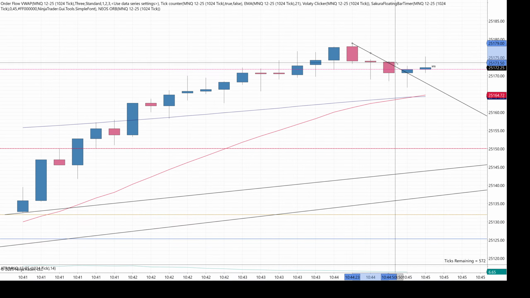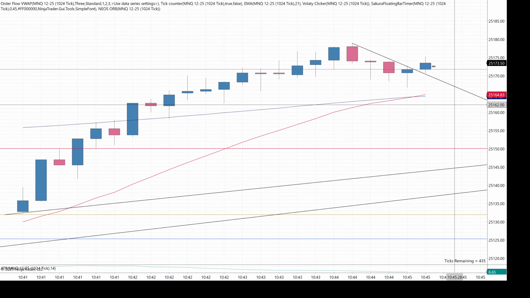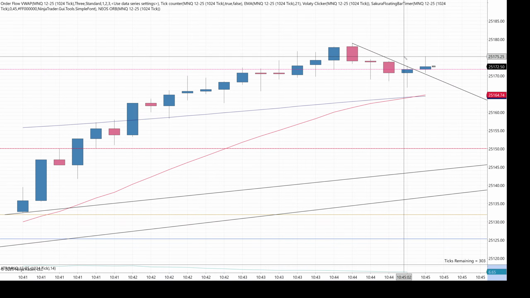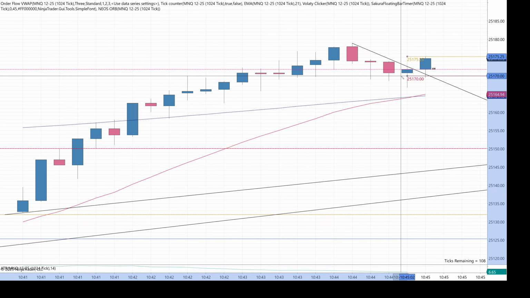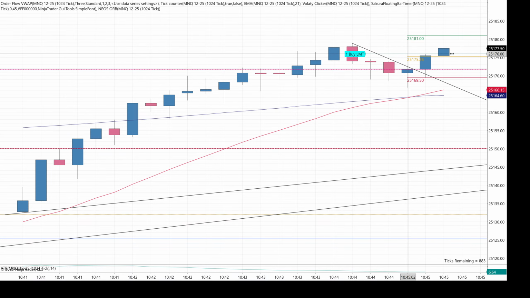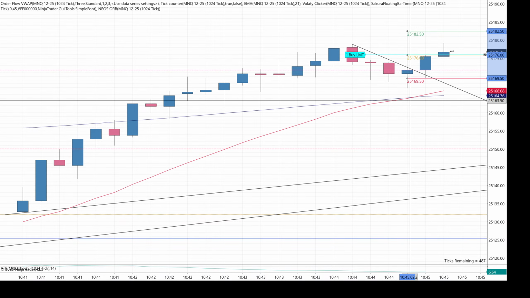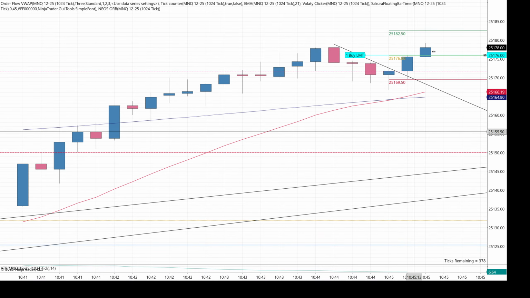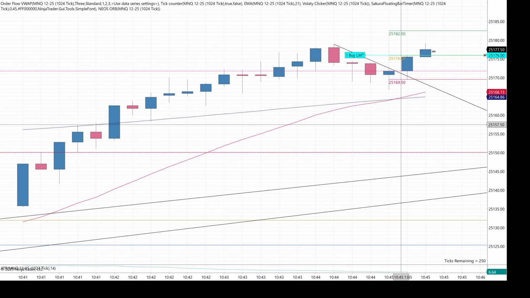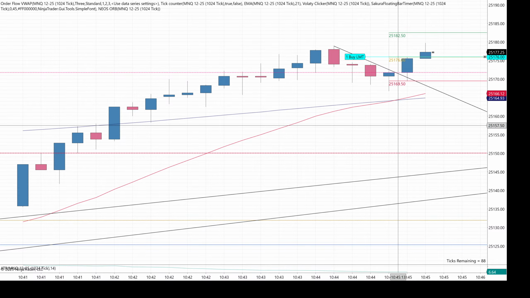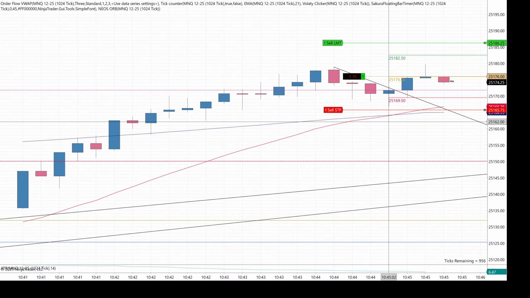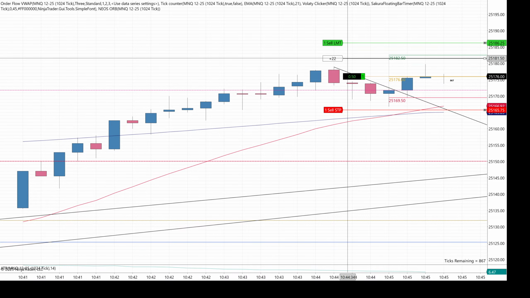All right, so this is our signal candle here. If it goes higher, which it did. Can it come back and get us? Or is it just gonna go? All right, it got us.